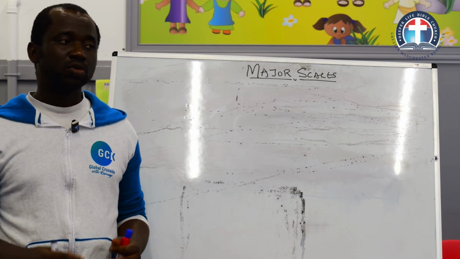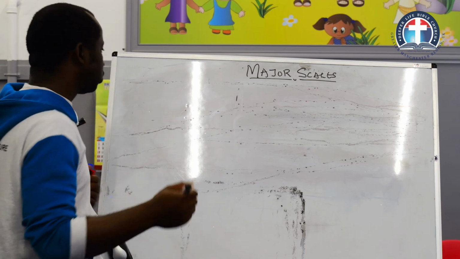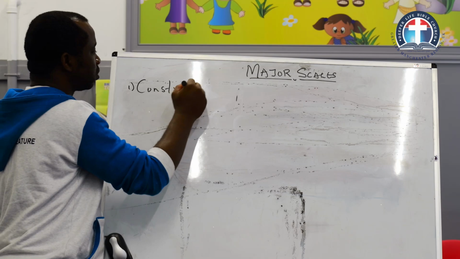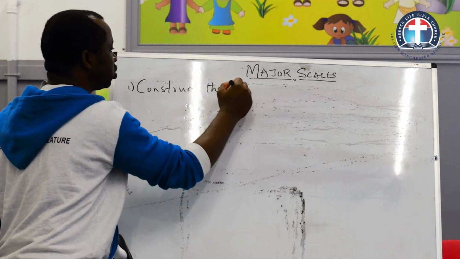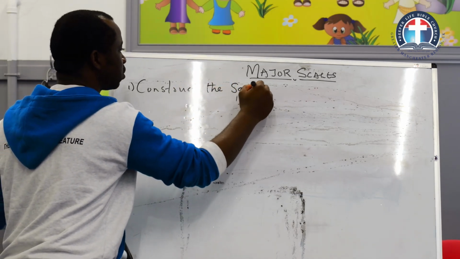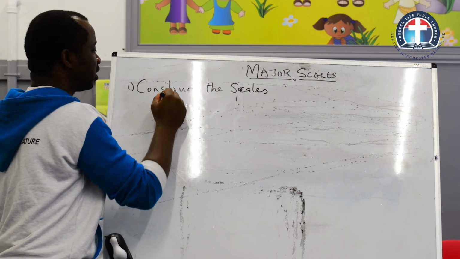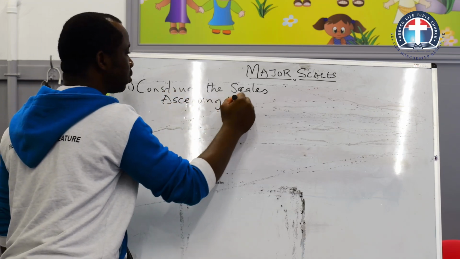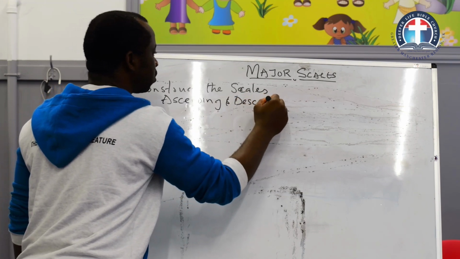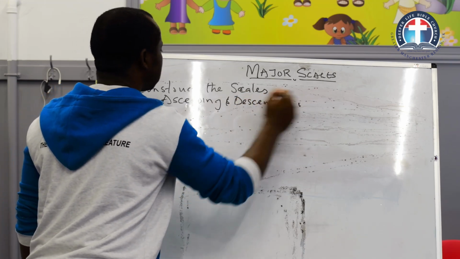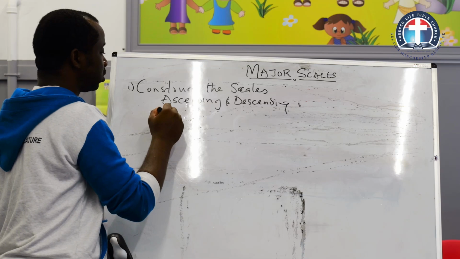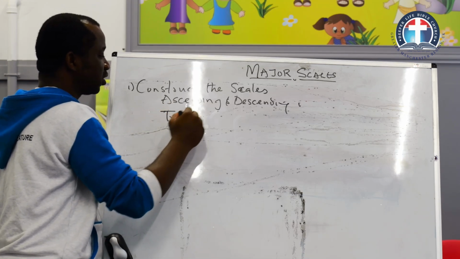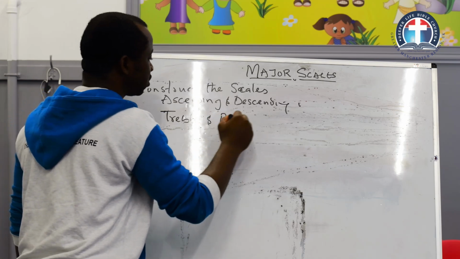Yeah. There are 3 things you must know. Number 1, you must know how to construct each of these scales, ascending and descending, on the treble and bass staves.